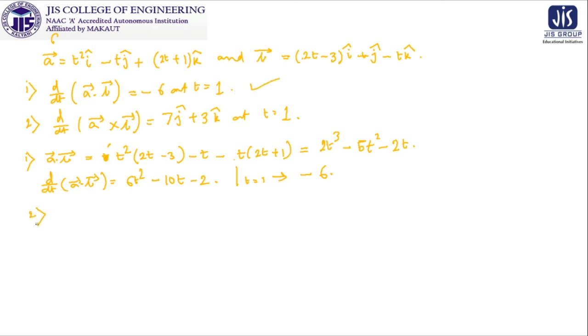Now the second one. Similarly, we need to calculate a cross b first. We can calculate it by using the determinant technique also, or you can calculate a cross b in flat. Then d/dt of a cross b will be a cross dB/dt plus dA/dt cross b.